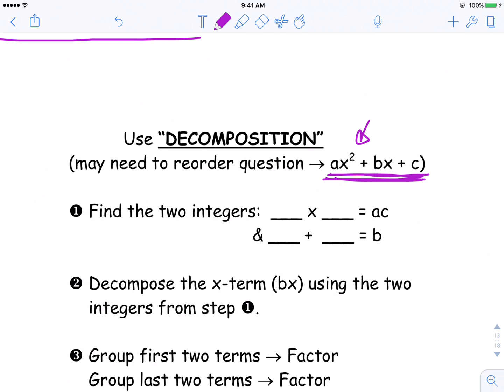Now we're going to look for two numbers that when multiplied together give us a value of a times c, so not just c, but a times c, and that's what ac here is, but they still add together to give b.